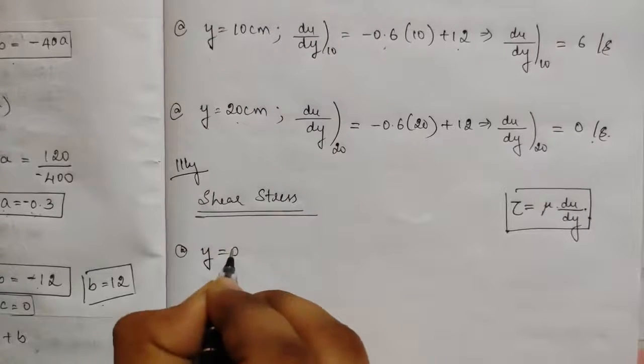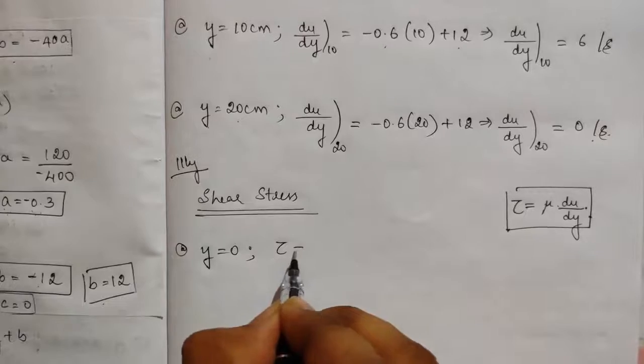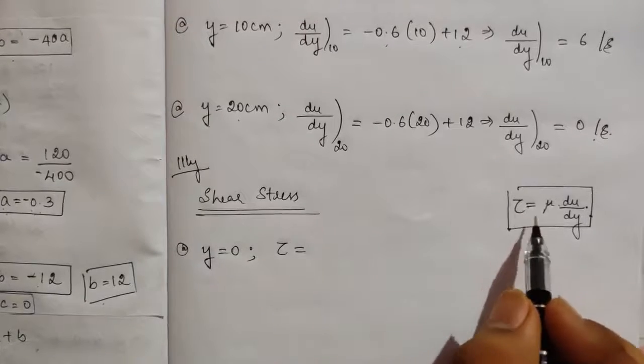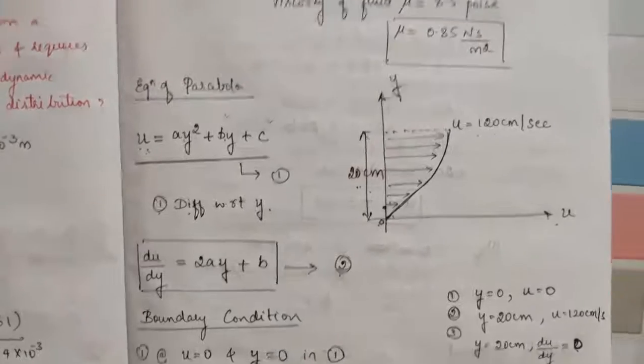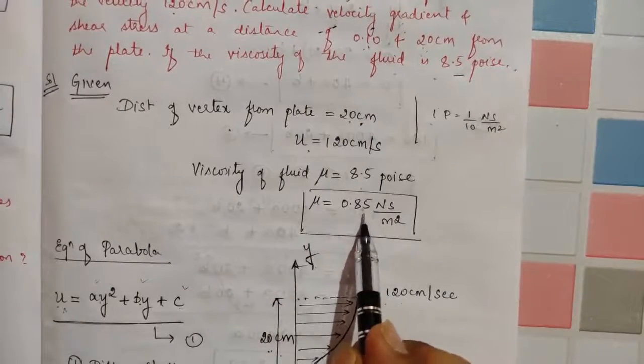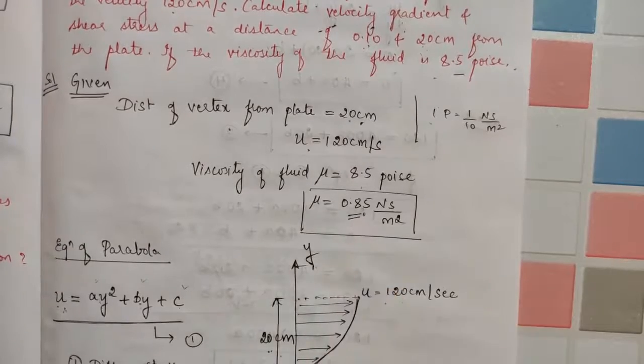At y equal to 0, tau is equal to mu, whose value we already calculated here: 0.85 Newton second per meter square. The value of mu is 0.85.